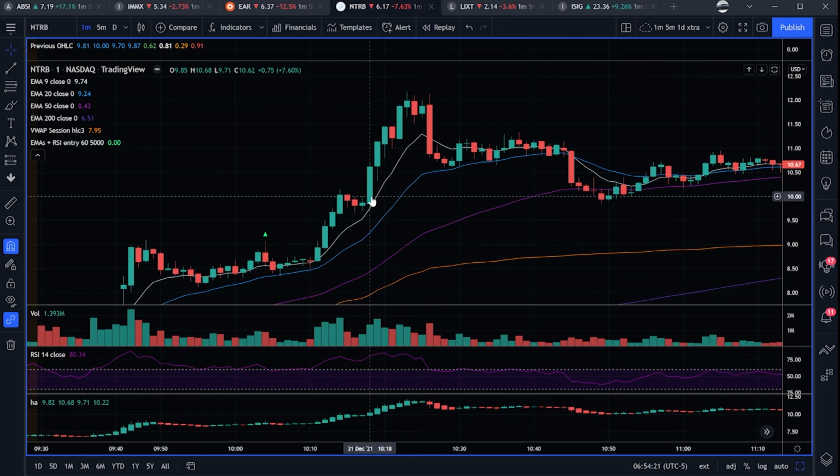This is also the break of 10, so once it breaks 10, the first target is pretty near, 10.15, but also the stop is pretty near, it's below 9.70. And then you can hold it a bit and see when it wants to stop. You shouldn't hold it forever, clearly.